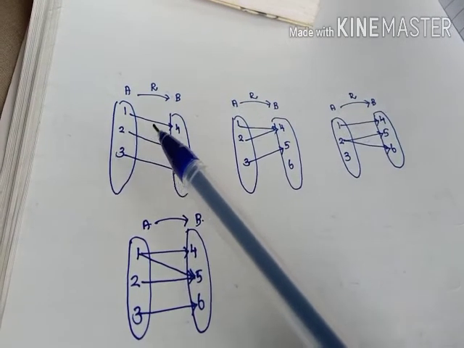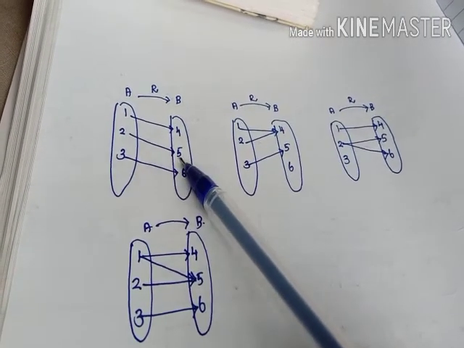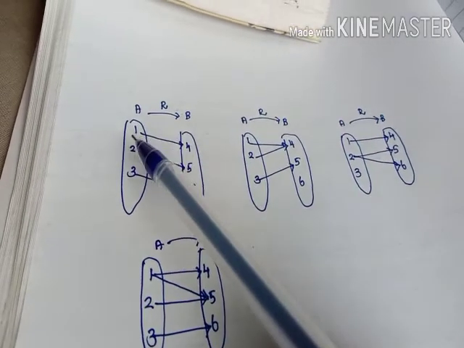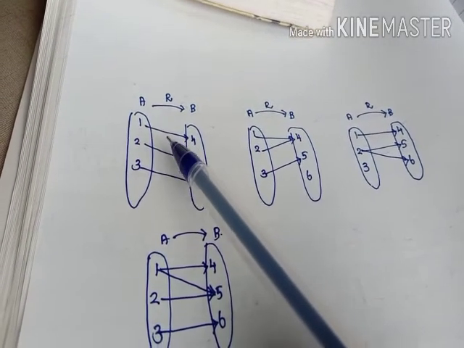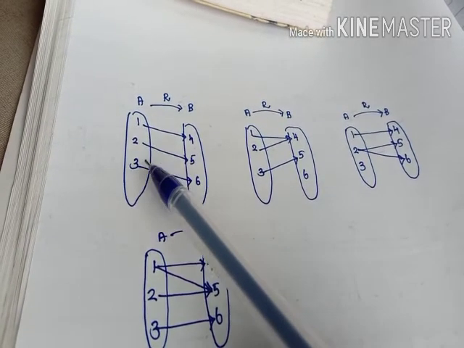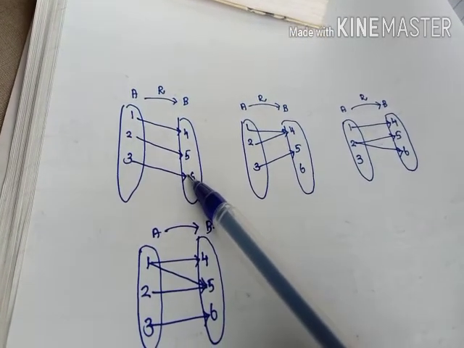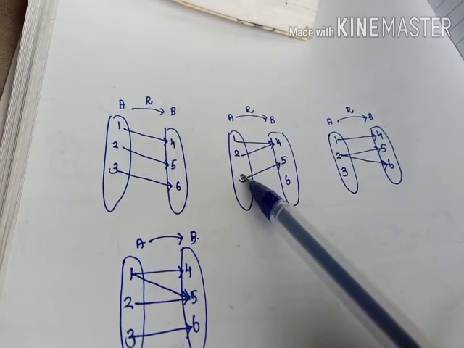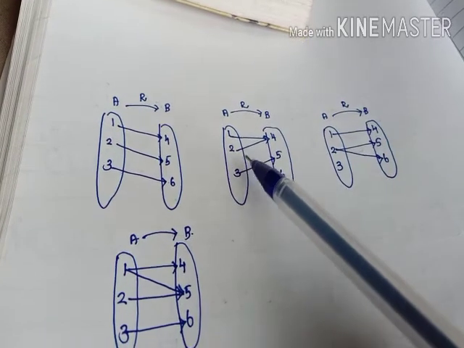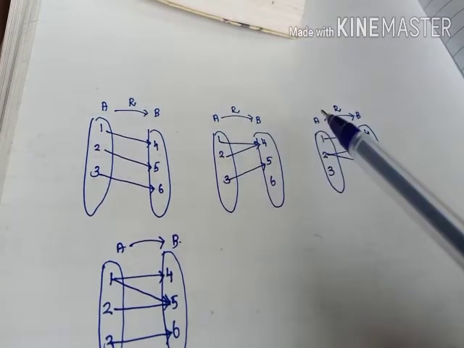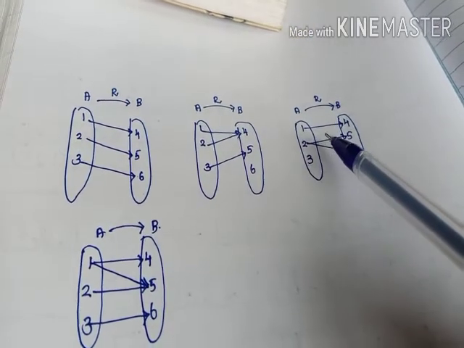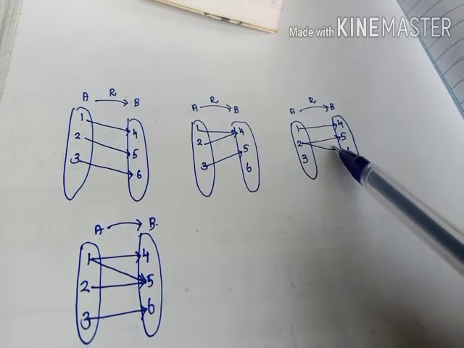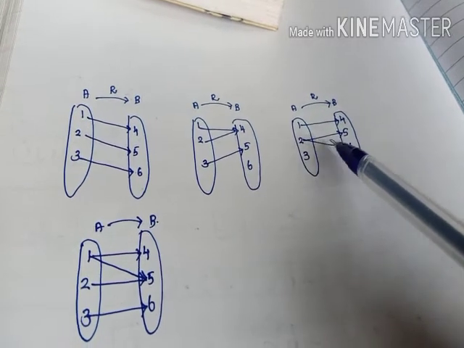Listen, from set A to set B, see these arrow marks. From 1 there is only one arrow mark, from 2 only one arrow mark, from 3 only one arrow mark. But here, from 2 there are 2 arrow marks.